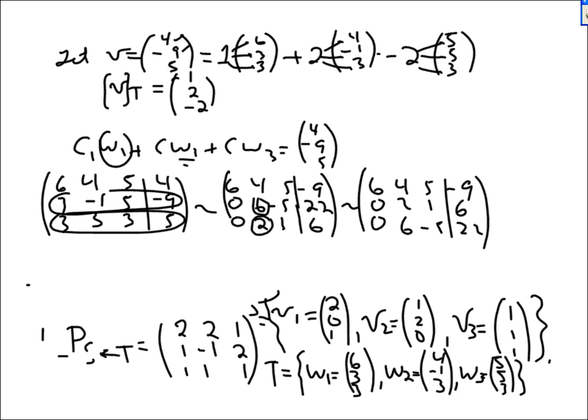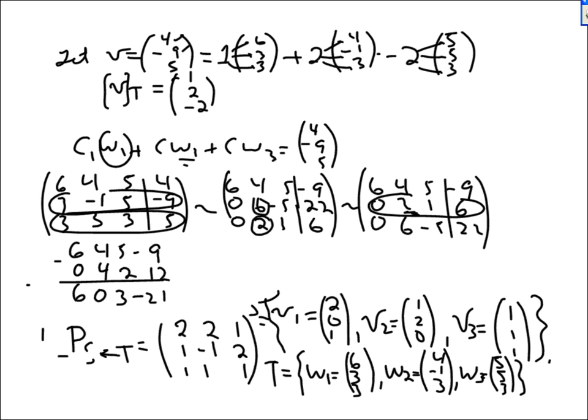So I'm going to take row 1, and I'm going to take away 2 of these, because that'll put a 4 there. So I have row 1, and I take away 2 of the second row, and I end up with 6, 0, 3, negative 21. And then I'll divide by 3. 2, 0, 1, negative 7.